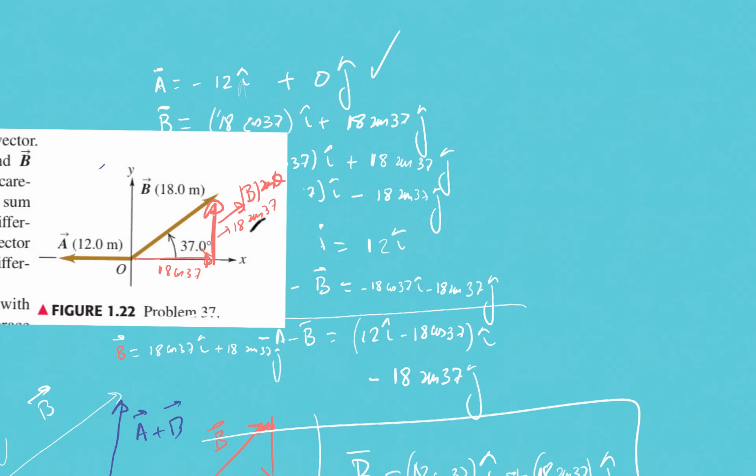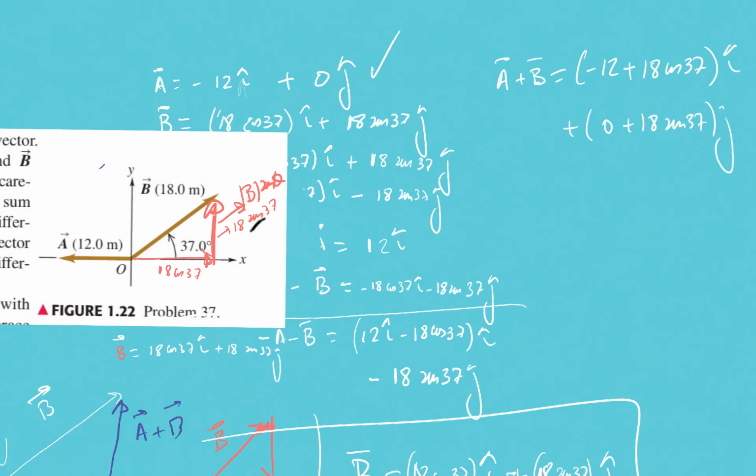So A plus V will be minus 12 plus 18 cosine 37 in the i direction, plus 0 plus 18 sine of 37 in the j direction.